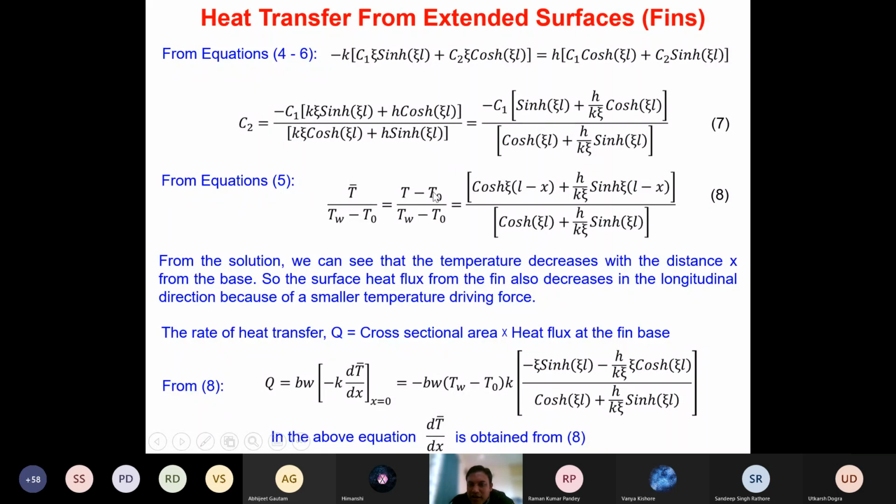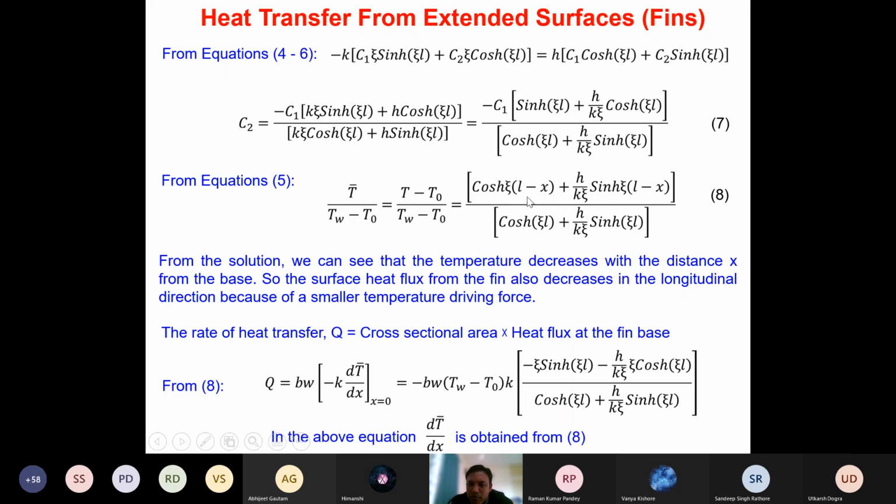Equation number 8 is the general equation which we have obtained. Now I can differentiate this equation with respect to x. If I differentiate with respect to x, I get this particular bracket. Remember, this denominator is a constant term, isn't it? This is cosh zeta L, so this is a constant term. I can take it as it is in the denominator, and I can differentiate the numerator.